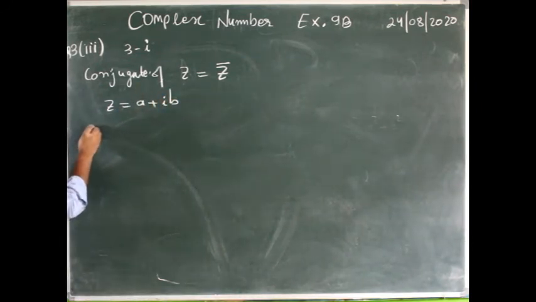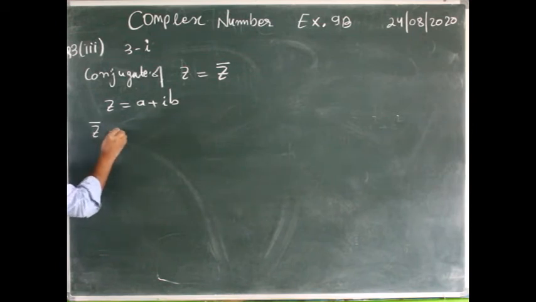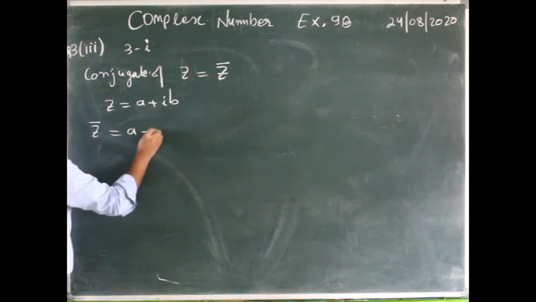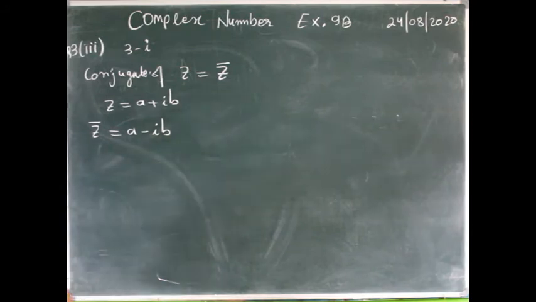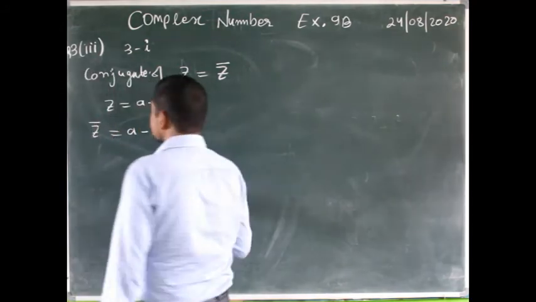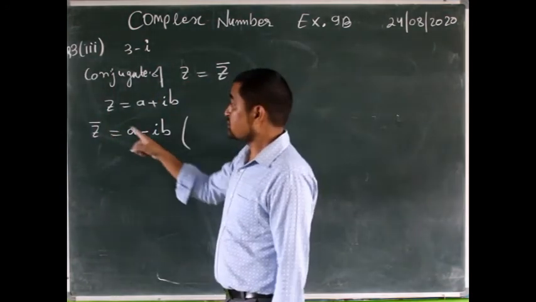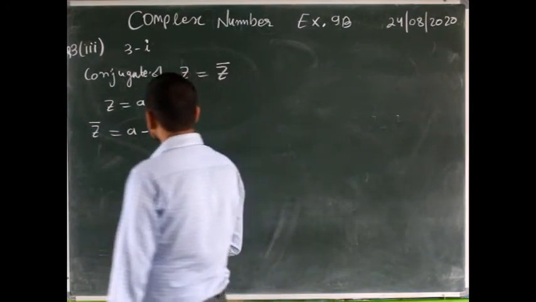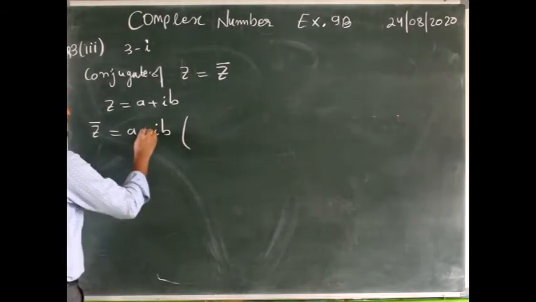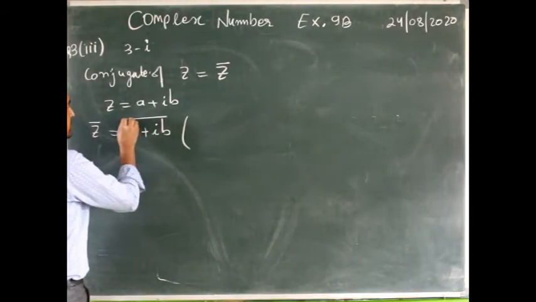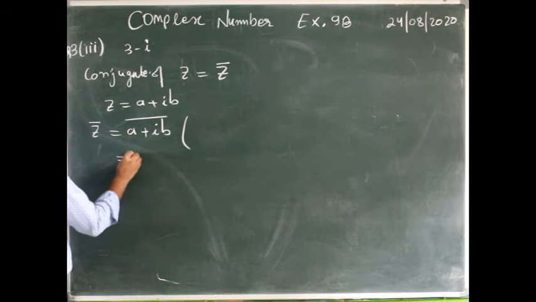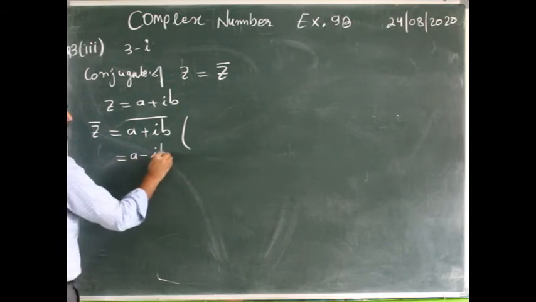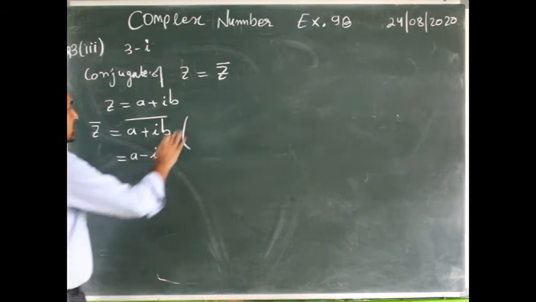To find the conjugate of this z, it is a minus ib. That means change the sign of the imaginary part. Conjugate means change the sign of the imaginary part. Otherwise, you can put the bar here also, then on the next line write a minus ib.